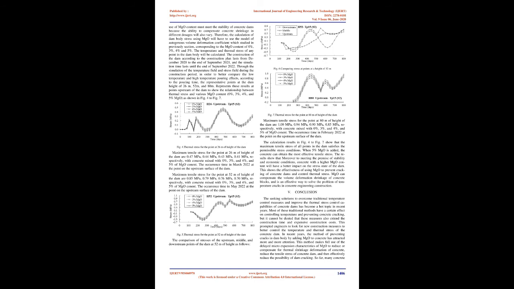Maximum tensile stress for the point at 26 m of height of the dam are 0.47 MPa, 0.44 MPa, 0.43 MPa, 0.41 MPa, respectively, with concrete mixed with 0%, 3%, 4%, and 5% of MgO content. The occurrence time in March 2022 at the point on the upstream surface of the dam.